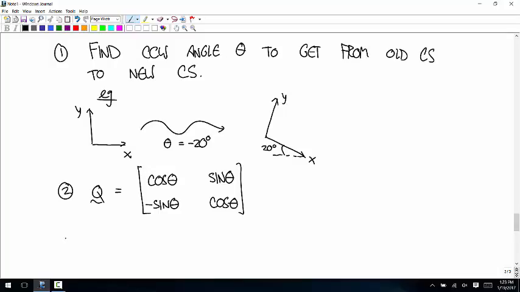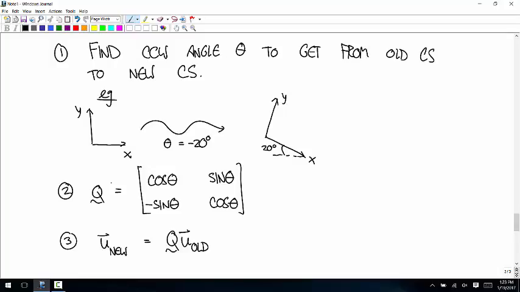And then finally, that vector u in the new coordinate system is equal to the matrix Q times the vector u old, the vector we started with.